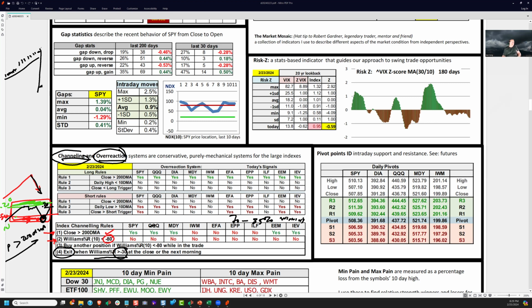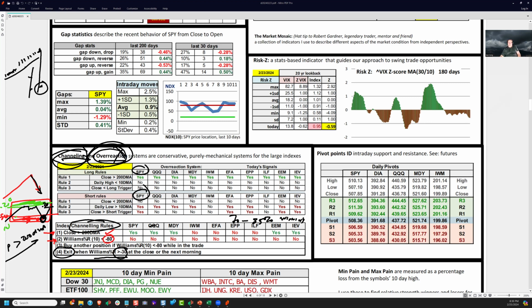Well, because the high of the day was above the 10-period, overreaction would not fire. But if it was that far oversold, then channeling would pick it up. If there was a big gap down and a sell-off, then both channeling and overreaction can fire on the same symbols each day, but they don't always have to.